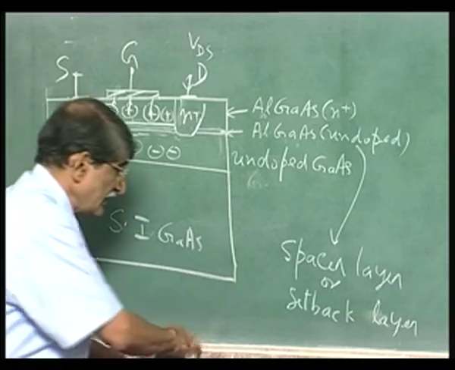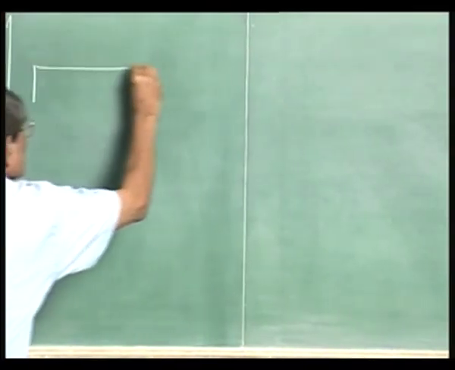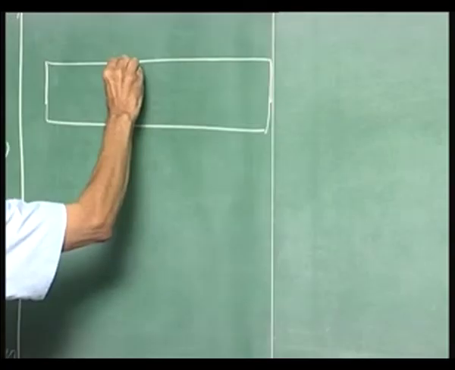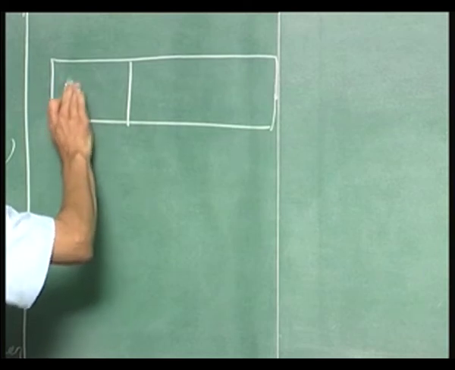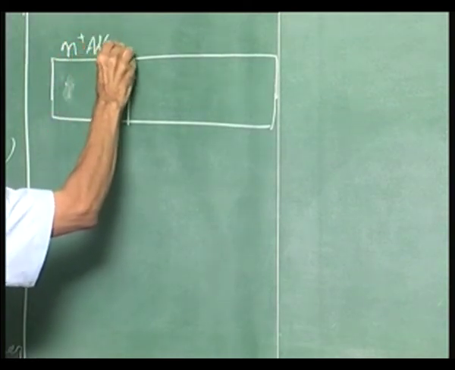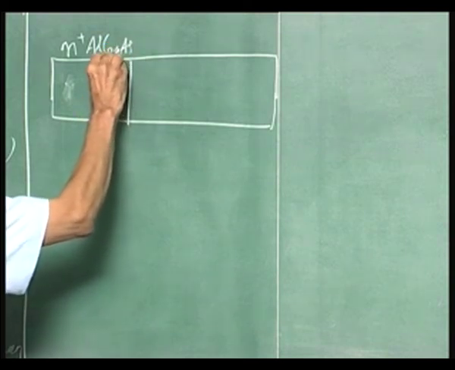Let me draw that here. See, if I take n plus AlGaAs, there is a depletion layer here.